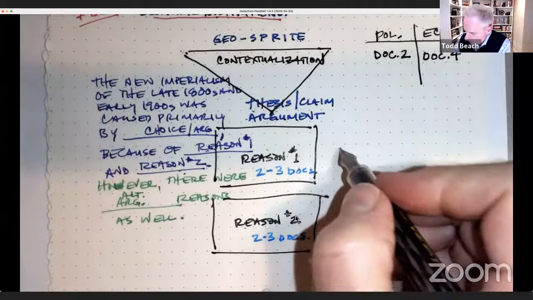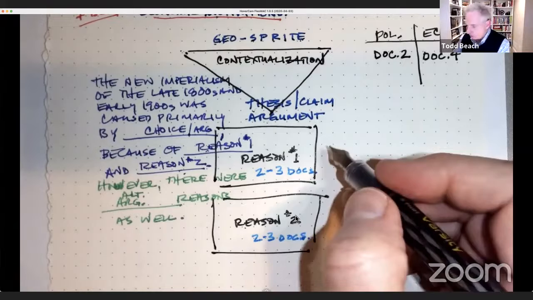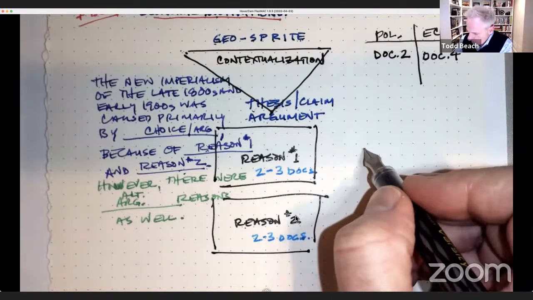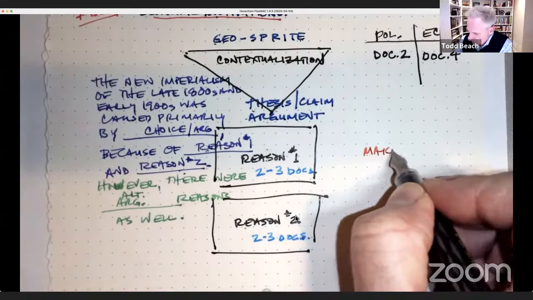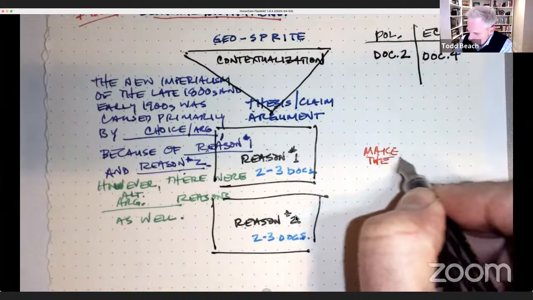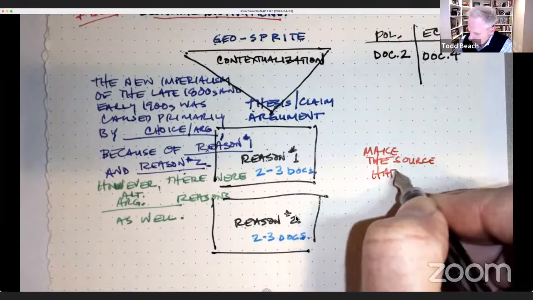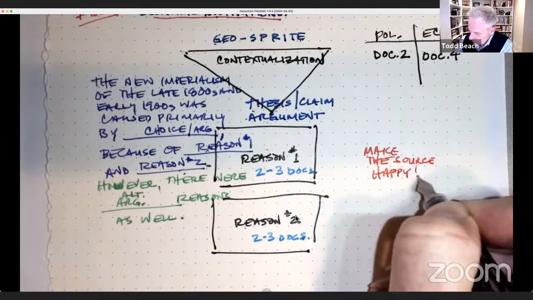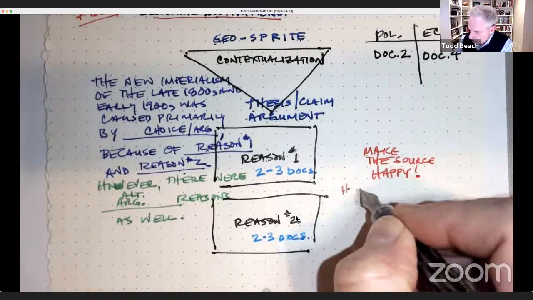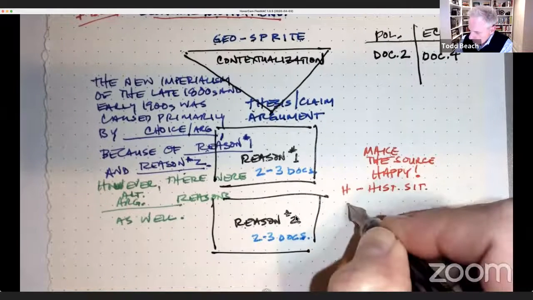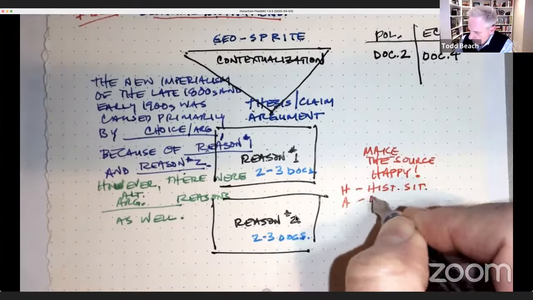When you're doing this, we had one video where we spent a lot of time talking about sourcing. And so we said you need to make the source happy, right? H is historical situation. A is audience.